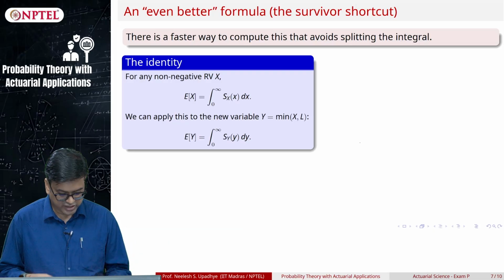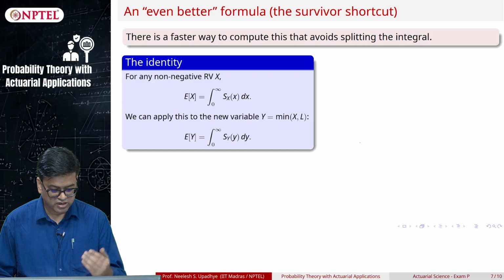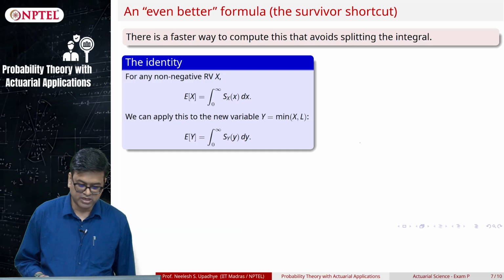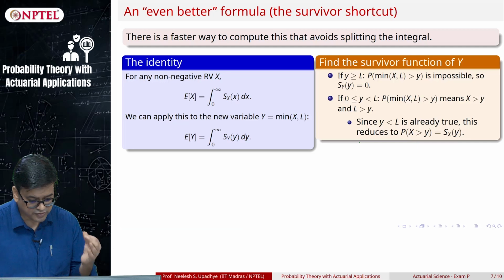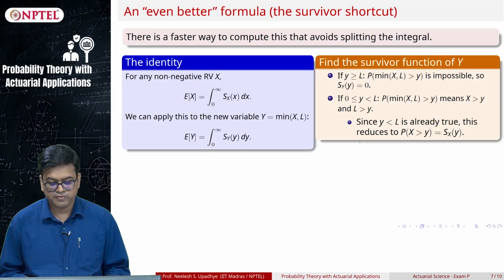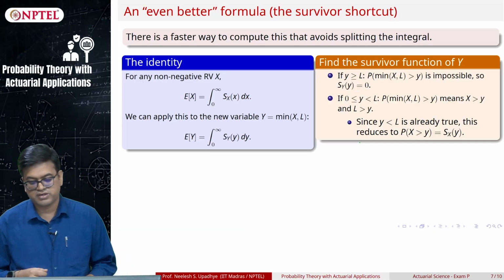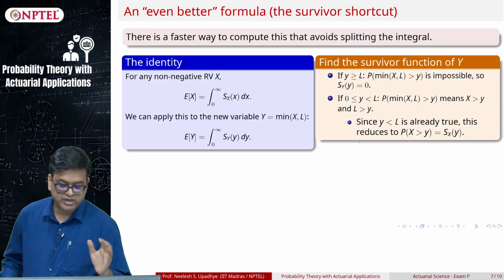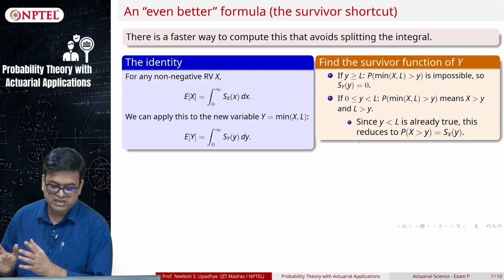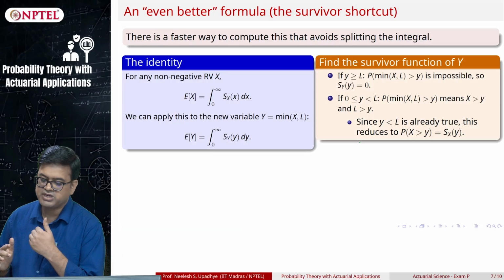And when I do that, I have to account for the regions created by this minimum of x comma L. The first region I am worried about is when y is greater than or equal to L. This is impossible because it is the minimum of x comma L, so the survival function will have probability 0.